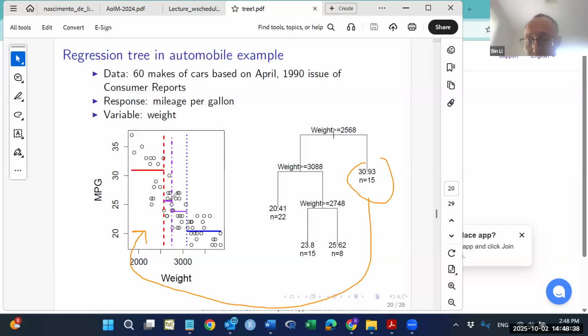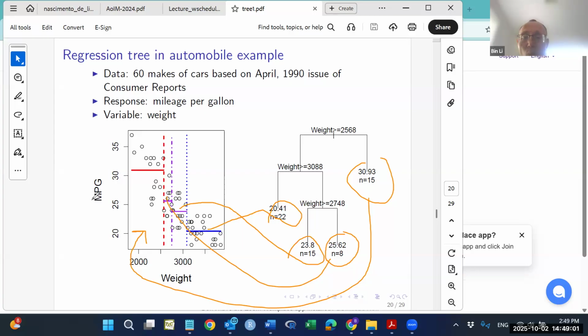The second. For this, you can easily pick one, right? This one corresponds to this. And for this one, it goes to here. And for this one, it goes to here. So each leaf corresponds to a particular region.